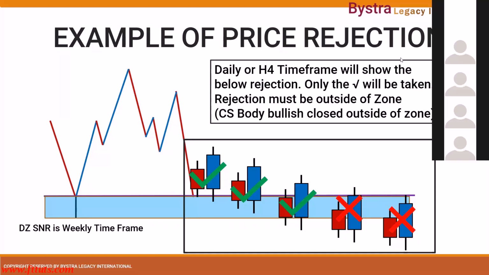What I'm trying to convey here is that I want you to understand why we must have confirmation of rejection, and what the indication is saying, that the price has reacted at the correct zone. So your danger zone SNR has to be correct, which is very simple, 4 steps, and also at the right time frame.